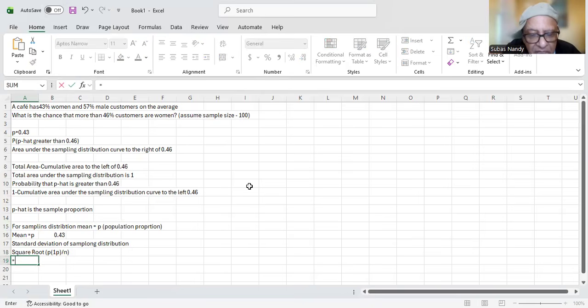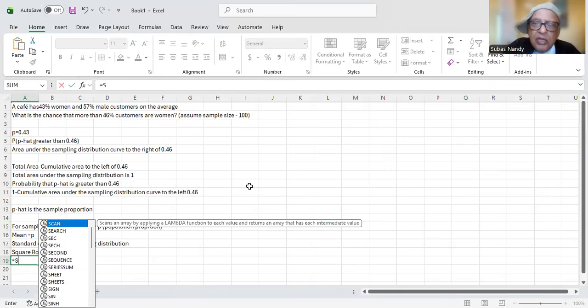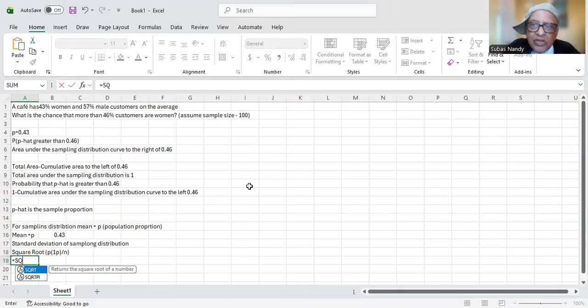So this is equal to, so I will do the calculation. In Excel, you have to bring in any function with equal to sign. Equal to, I need the square root inside the parenthesis.